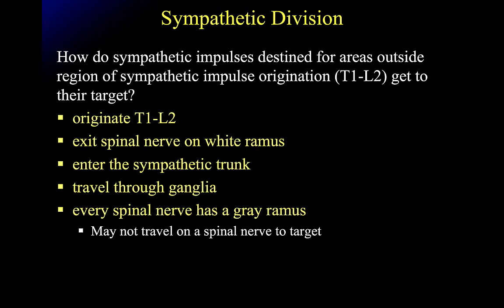In this case, let's say we want to go up to the head or somewhere like that. We need to get out of the T1 to L2 region, so we travel upwards from that ganglion on the sympathetic trunk.